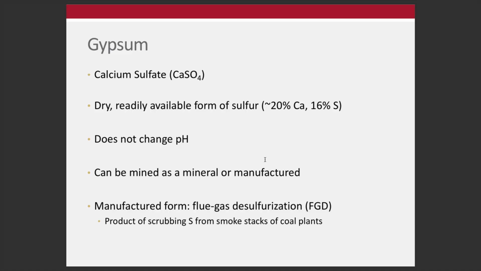If it's manufactured, it's typically coming from this FGD source, flue gas desulfurization. That's the product. We talked last time about the Clean Air Act and these coal-fired power plants reducing sulfur emissions. That's primarily because they have retrofitted the existing plants with these sulfur scrubbing technologies, and that's often captured with calcium.